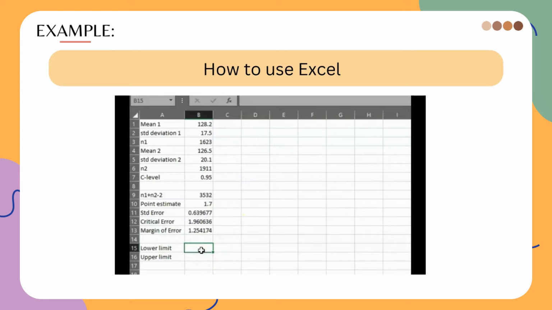Next, for the lower limit, you need to type equal, click point estimate, minus margin of error, enter. After that, for the upper limit, just change to the plus symbol: equal, point estimate, plus margin of error, enter.